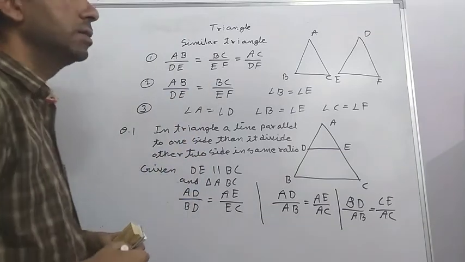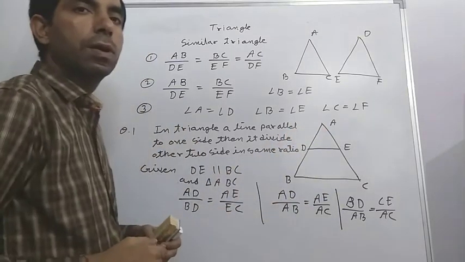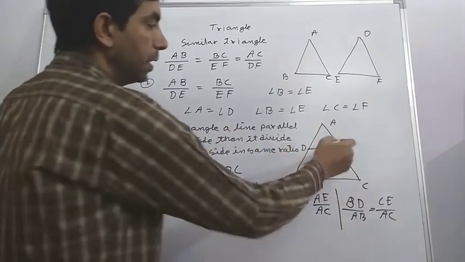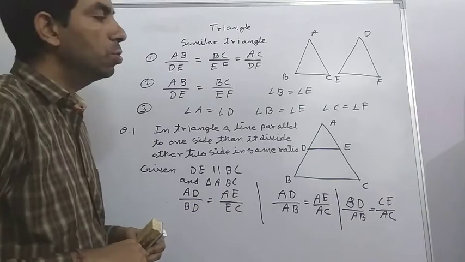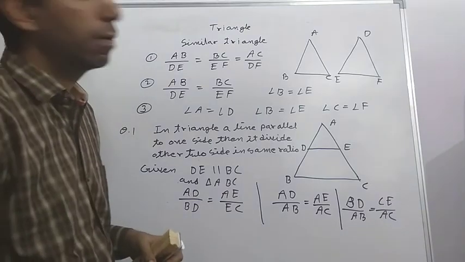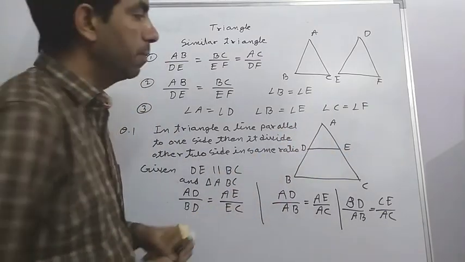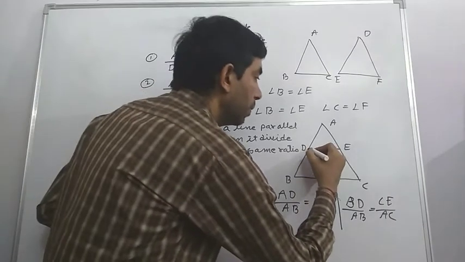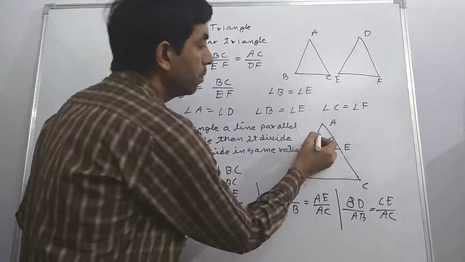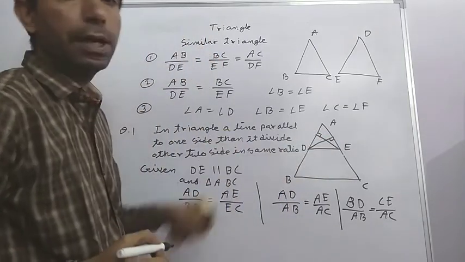For proving it, generally we see our drawing. In the drawing, ABC is a triangle with DE. We draw a perpendicular from each intersection point to the opposite side, meaning a perpendicular from D to AC and from E to AB.